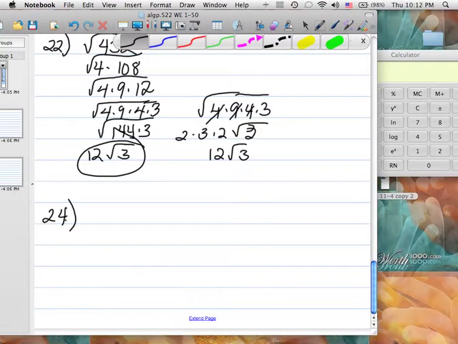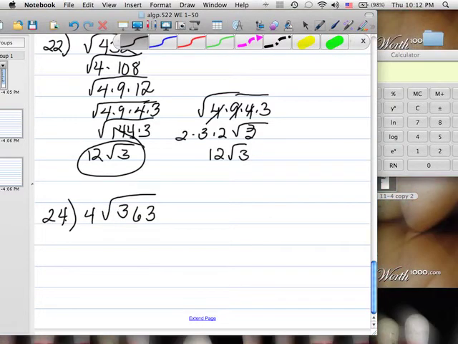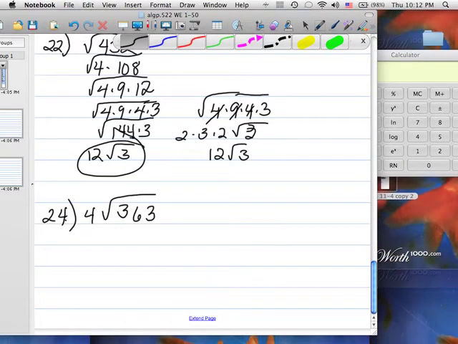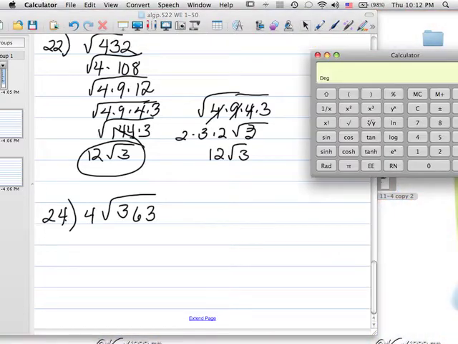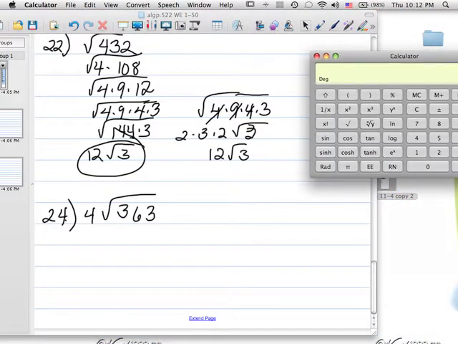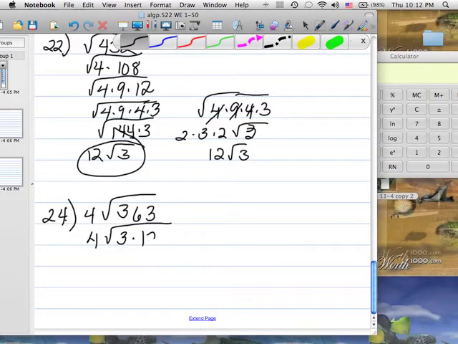Number 24. We have 4 radical 363. Let's see what we'll go. Well, let's see what happens if I break that up a little bit. 3 times 121.